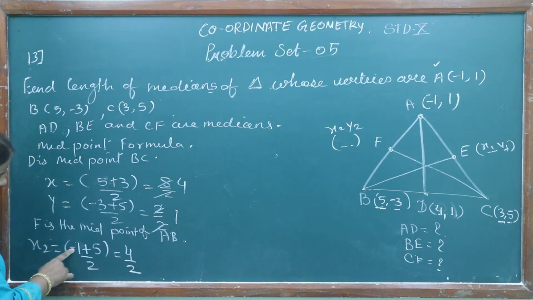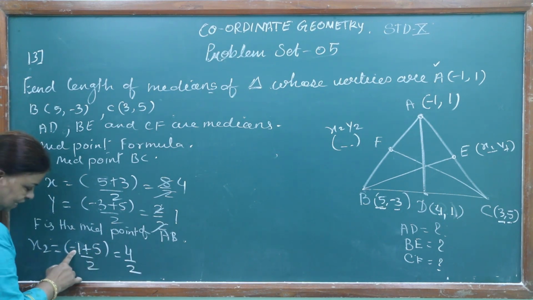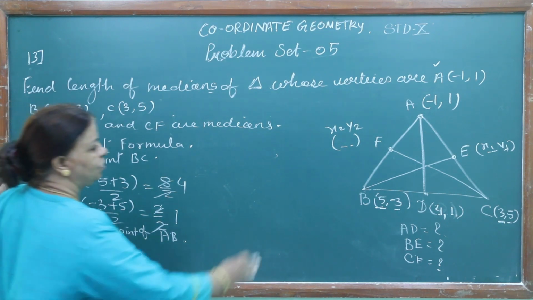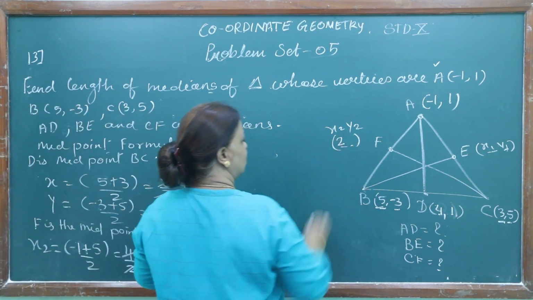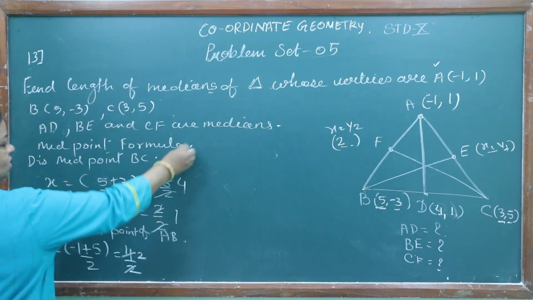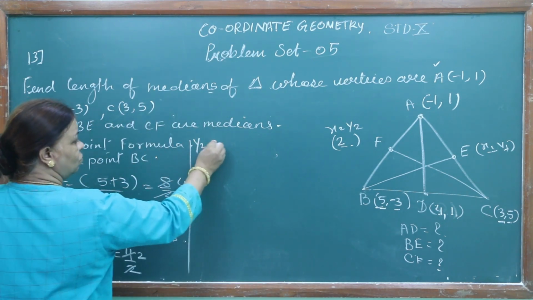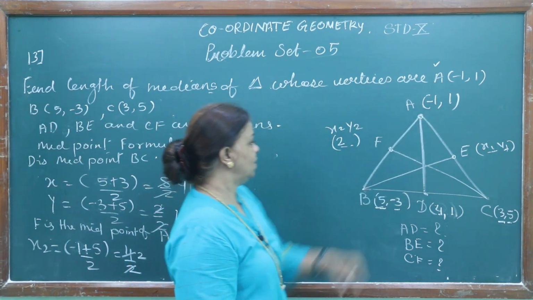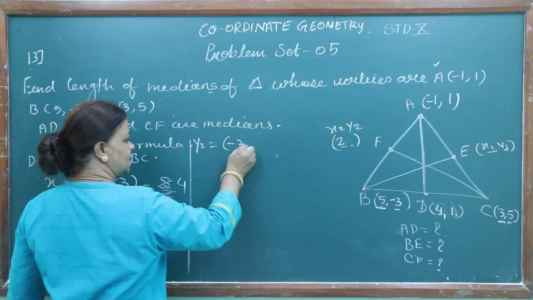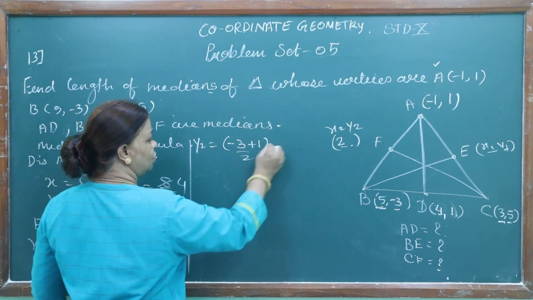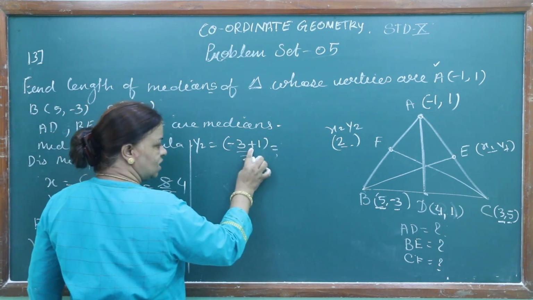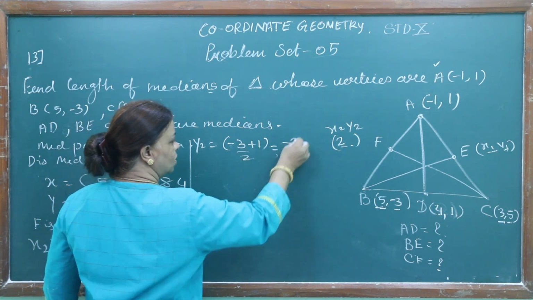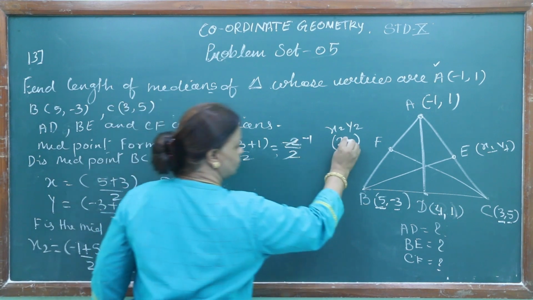Why 4? 1 is minus, 1 is plus, so there will be subtraction. 5 minus 1 is 4. 2 2s are 4. So we got this coordinate as 2. For y coordinate, that is y2, y2 will be equal to minus 3 plus 1 upon 2, which is equal to, 1 is minus, 1 is plus, subtraction, that will be minus 2 upon 2, minus 1. So this will be minus 1.